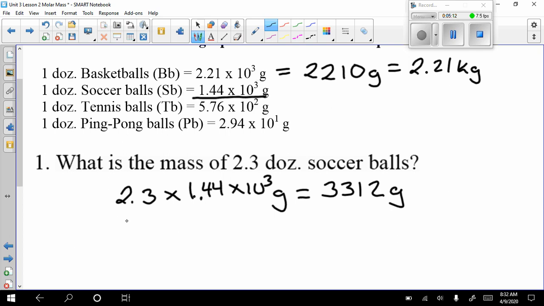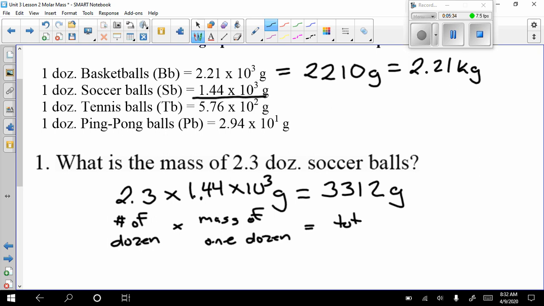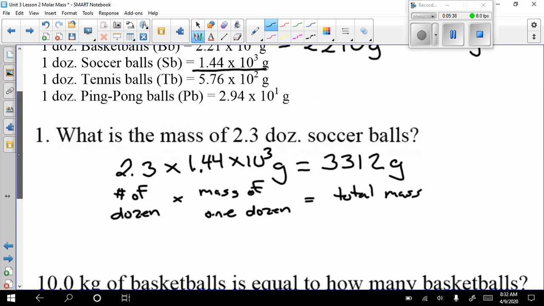So what you did there was you took the number of dozen, which was given to you, and multiplied it by the mass of 1 dozen, which you also knew. And when you got that, that gave you the total mass. Okay, so I think that's fairly reasonable.